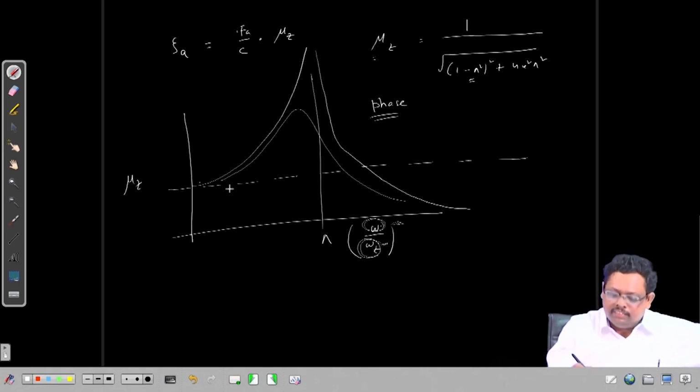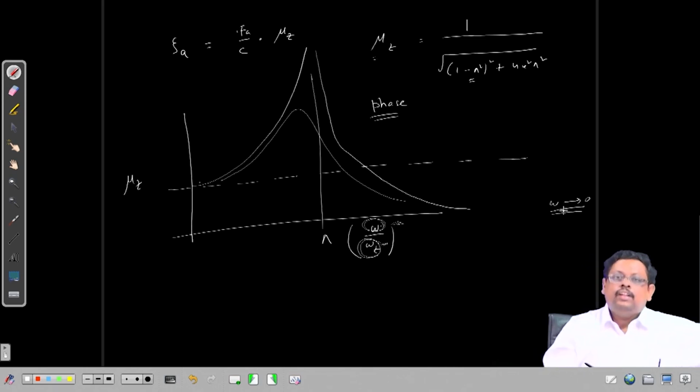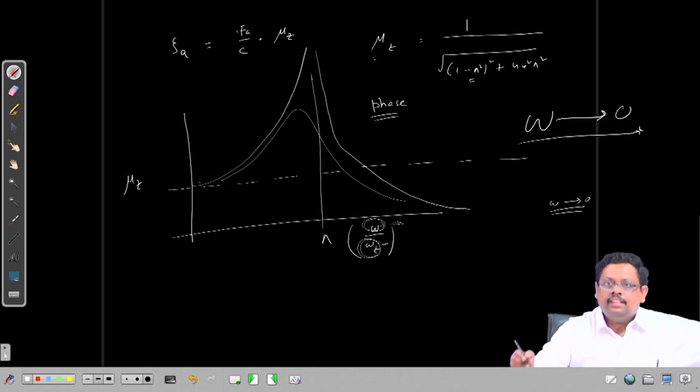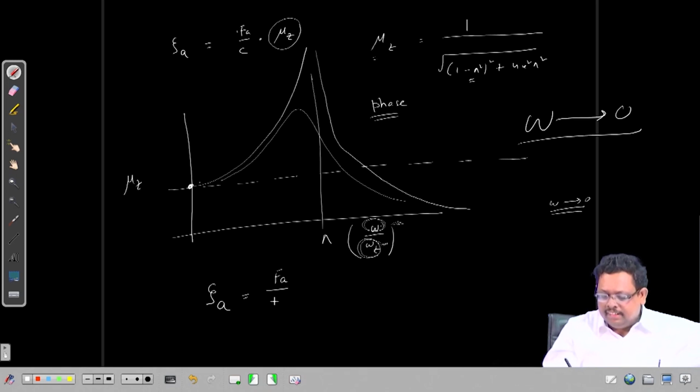And also you can see that when omega tending to 0, okay, just write this bigger so that you can get it. When omega tending to 0, you can see that response goes to 1. Now, let us see what happened that time. So, that means mu z equals 1. So, in that case you can see my response xi a is equal to basically the ratio between the hydrostatics and the amplitude of the exciting force.